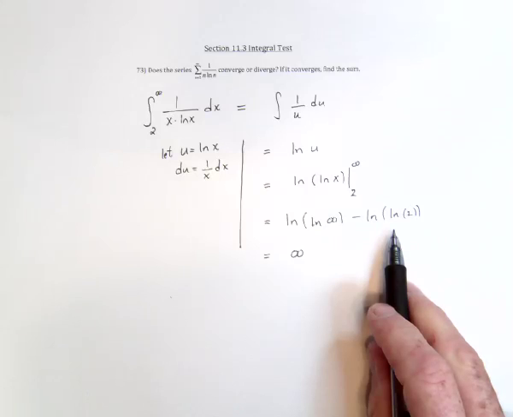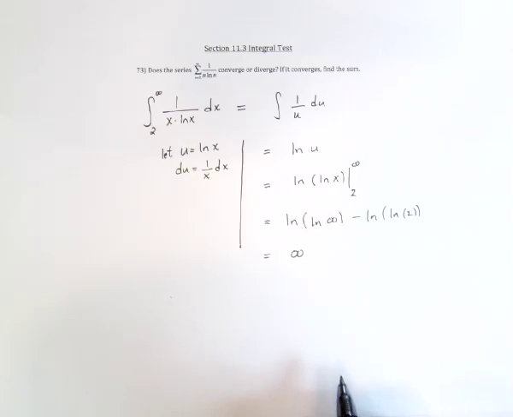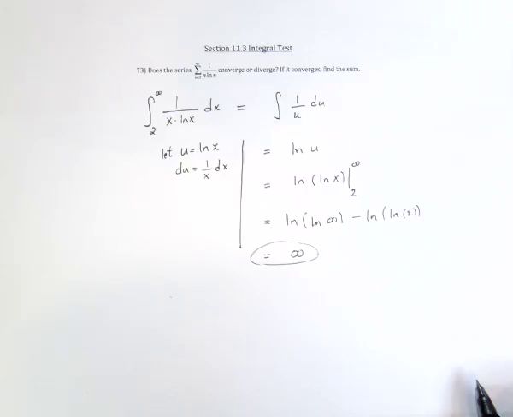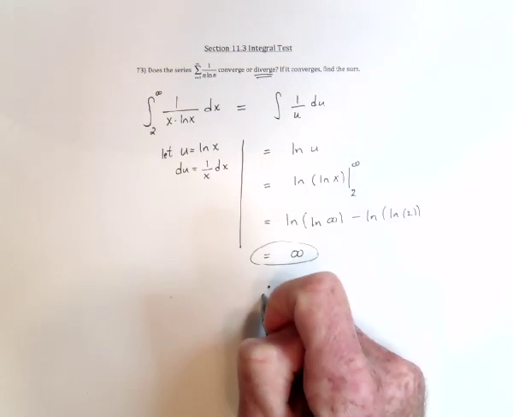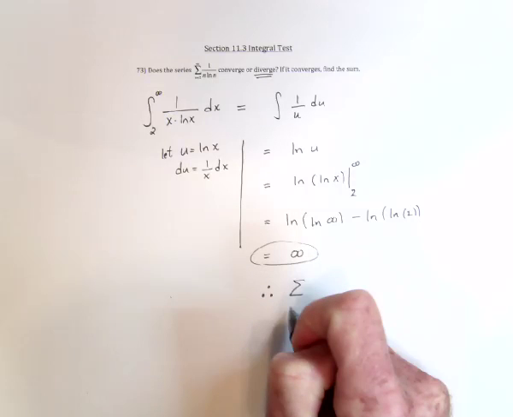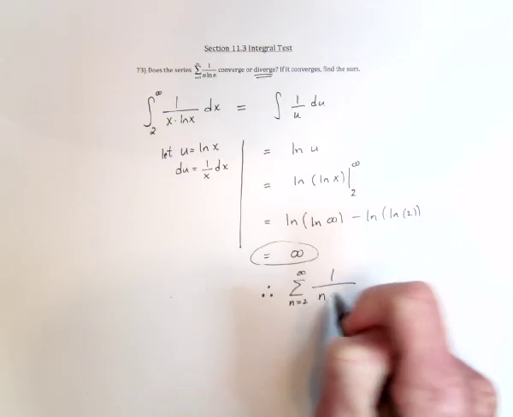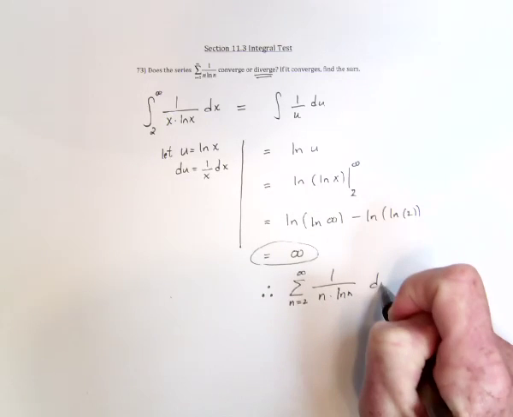Since this is just a finite number, some small decimal number, that's not going to change the infinity idea. And so it diverges. So this one diverges, therefore this one going from 2 to infinity diverges.